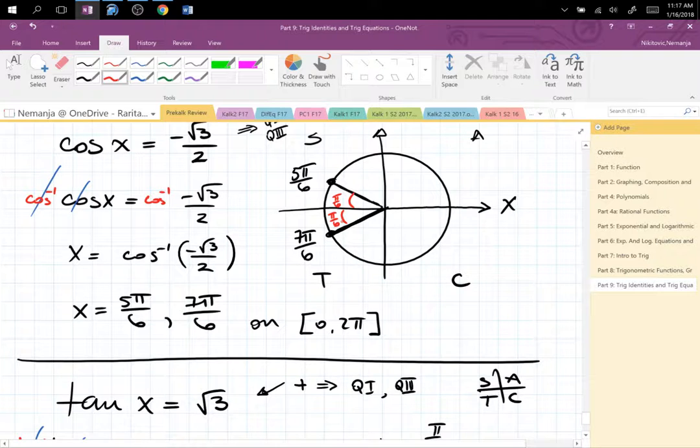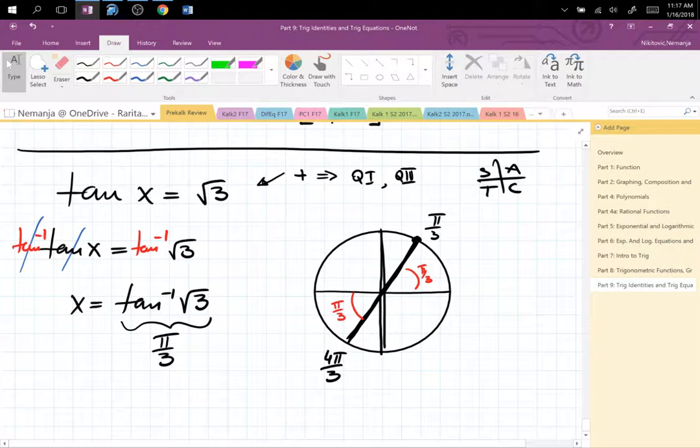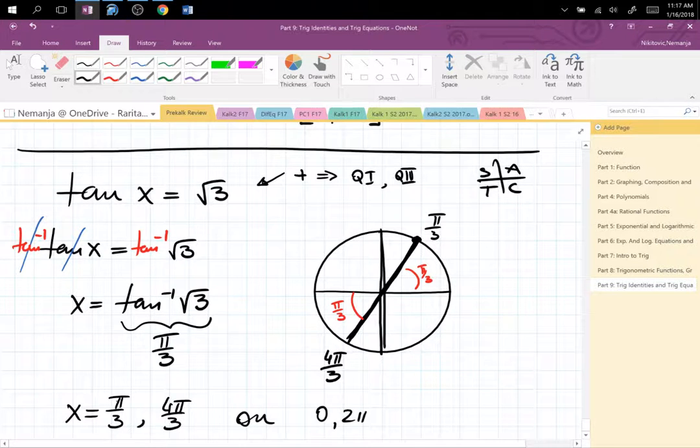But then you have to put that in the quadrant where you have to be. So for tangent now, we start with positive. Positive is first and third quadrant, and then we figure out that it's pi over 3. So now I know that the solution is pi over 3, comma, 4 pi over 3. So we have two solutions, again, on 0 to 2 pi.